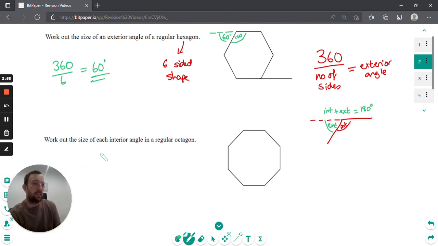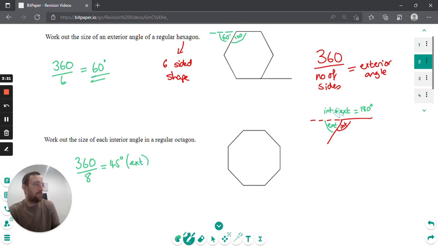If we look at the second one, work out the size of the interior angle of a regular octagon. Again, we're going to use this formula up here. So 360 divided by 8, because an octagon's got 8 sides, is equal to 45. So 45 degrees, that's the exterior angle.